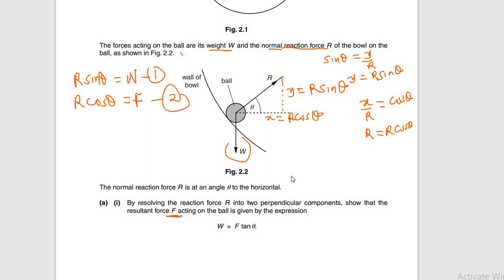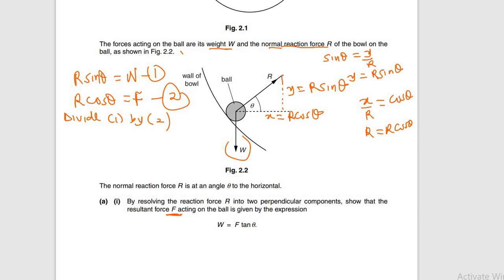Since we are asked to show W equals F tan theta, and tan is sine over cos, let's divide equation 1 by equation 2.